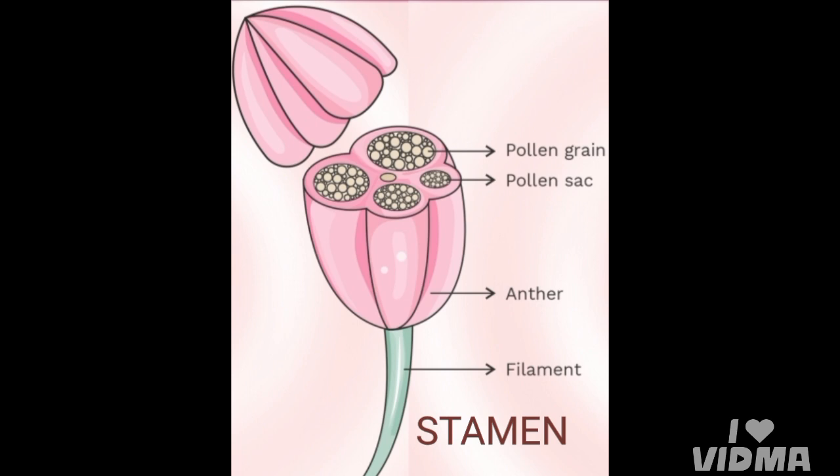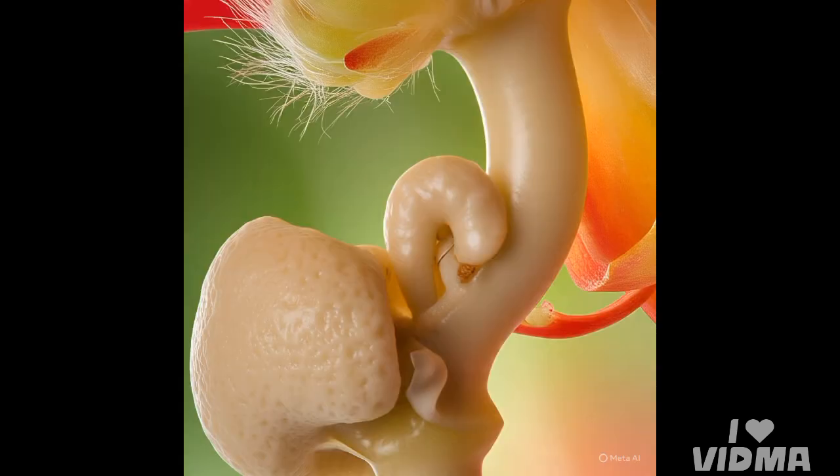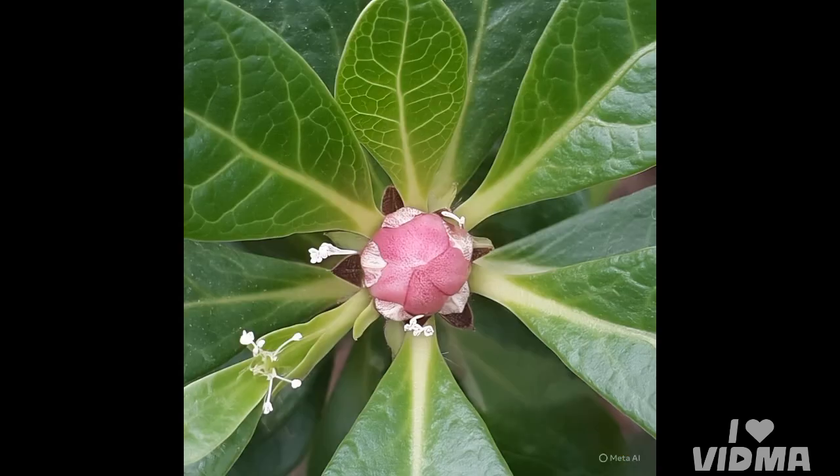The filament is only a connecting tube which helps the anther be attached to the thalamus. What is the thalamus? The part below the ovary is known as the thalamus.